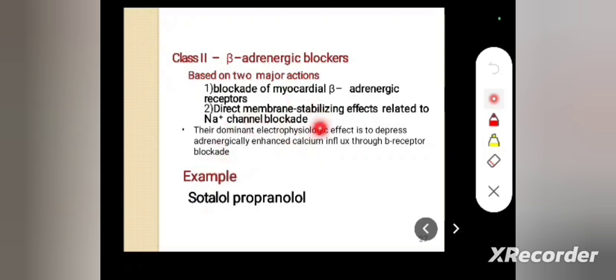This is the main action of the beta blockers. They directly decrease the calcium influx. Examples: sotalol, propranolol, esmolol. These are the beta blockers.